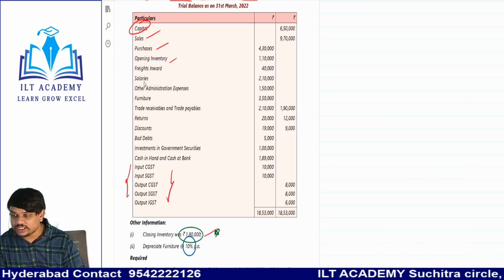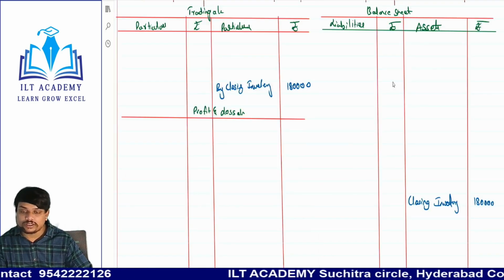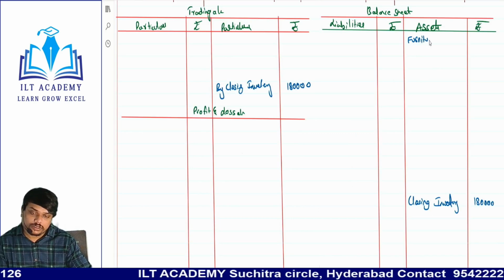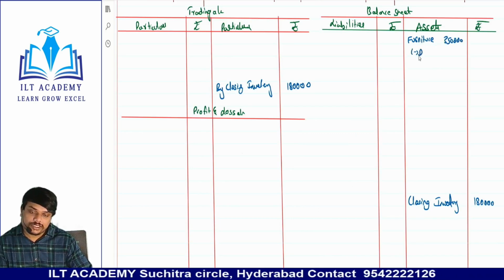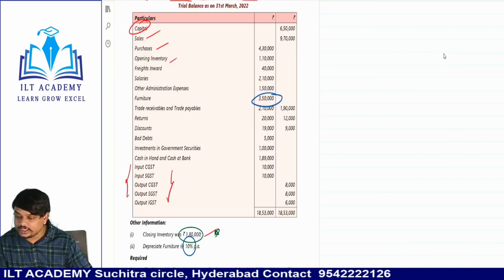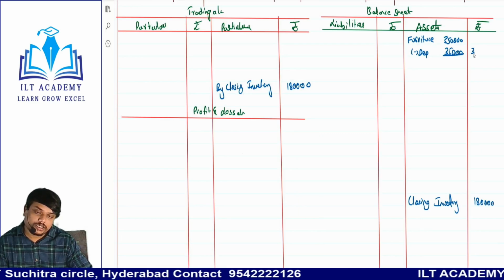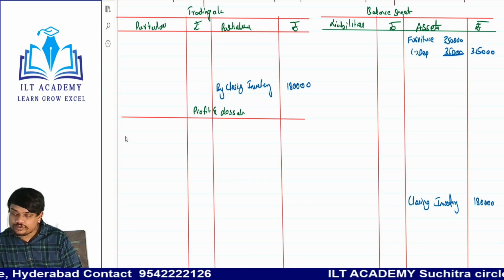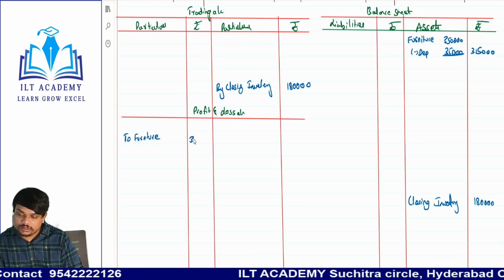Depreciation on furniture is at the rate of 10%. So furniture is how much? Furniture is 3,50,000, minus depreciation at the rate of 10%, 35,000, which is 3,15,000, and 35,000 in the P&L.